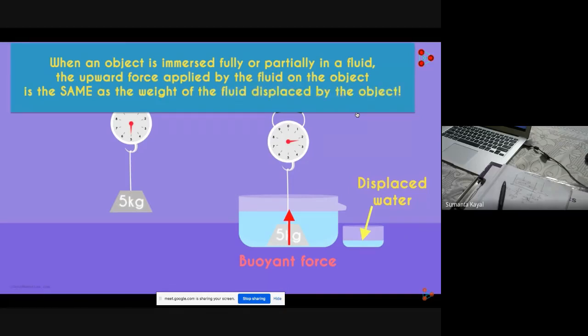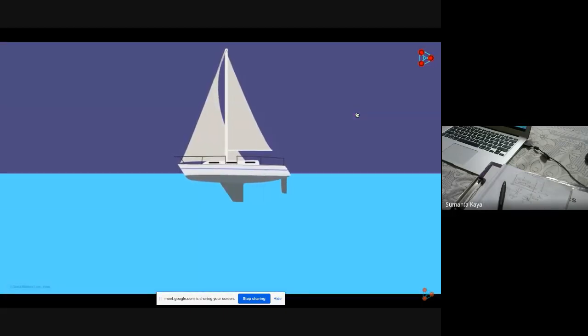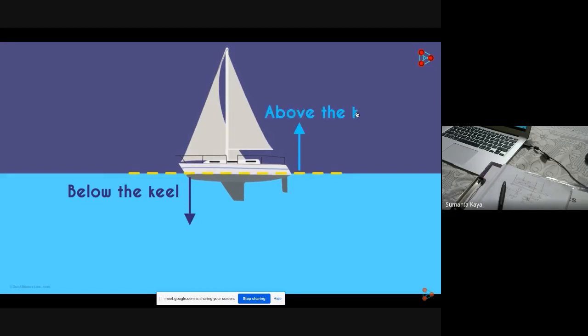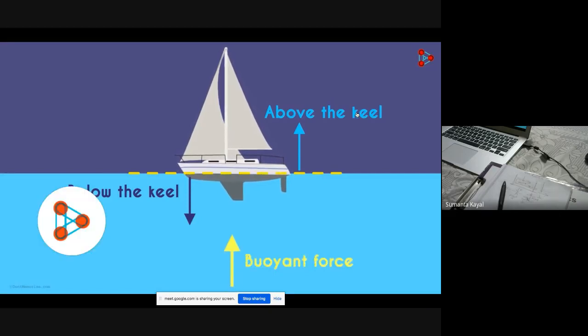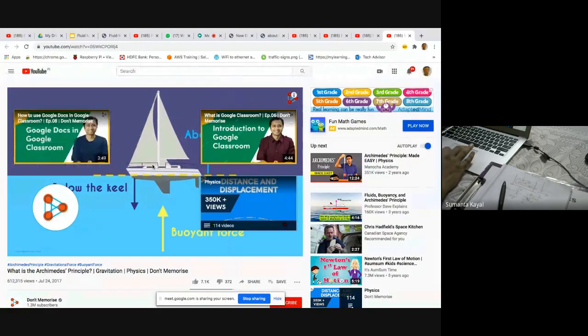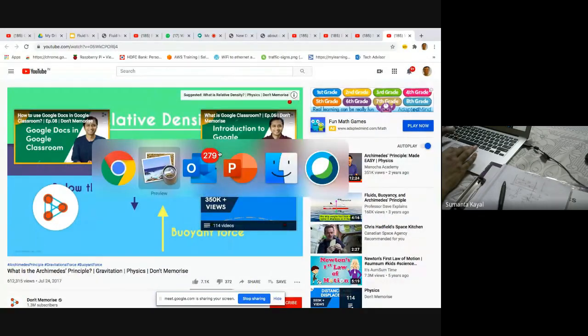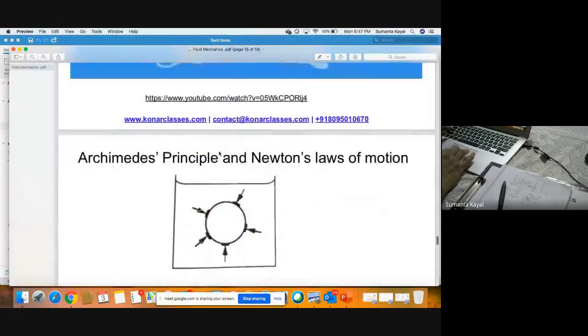Using this law, this principle, we can understand why a big vessel or submarine is floating, because the amount of water displaced by this object is the amount of force applied to that object.